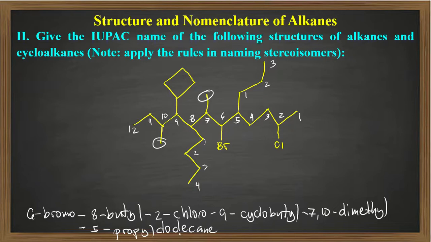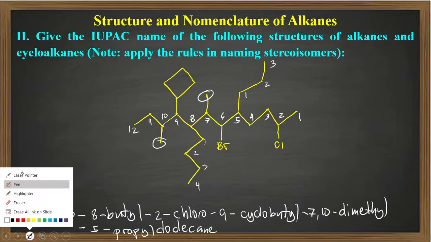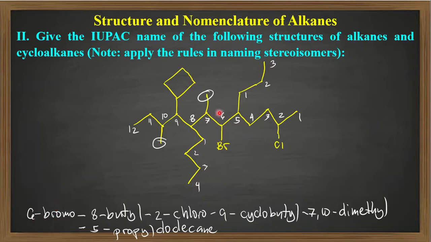6-bromo, 8-butyl, 2-chloro. Okay, this is our butyl here, this four-carbon chain substituent. Okay, we have a pointer first. So 6-bromo, this one here. 8-butyl, attached at carbon number 8. 2-chloro, this one here. 9-cyclobutyl. 7,10-dimethyl, we have methyl here and methyl here.